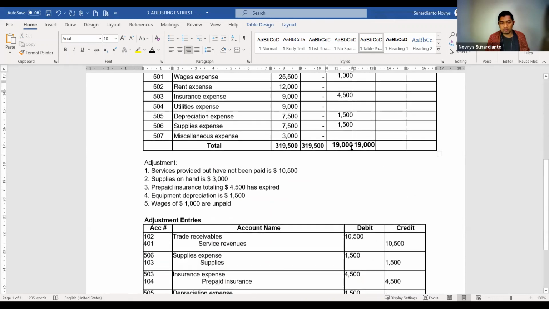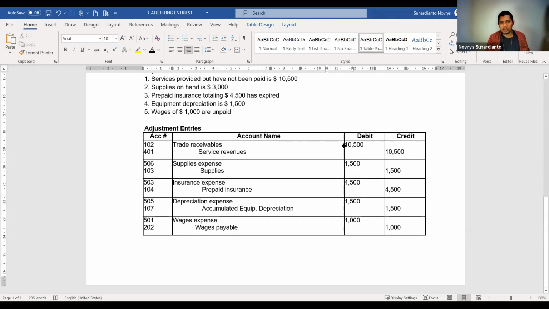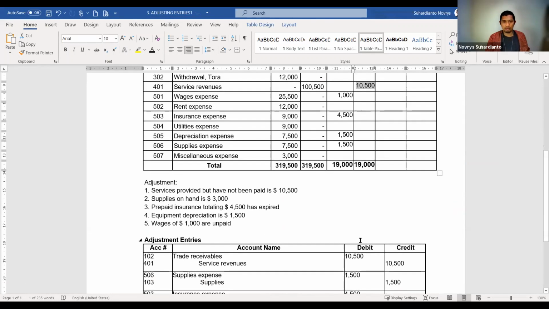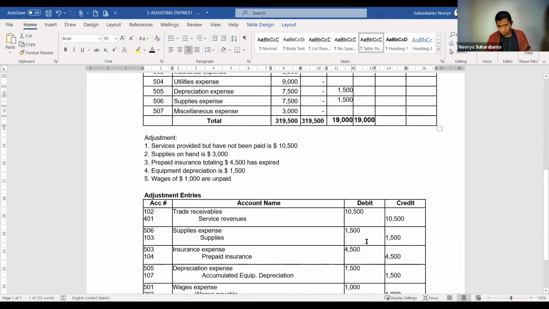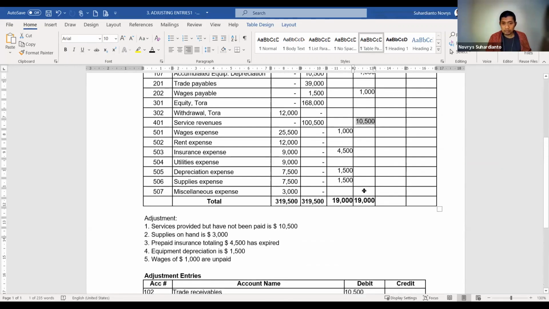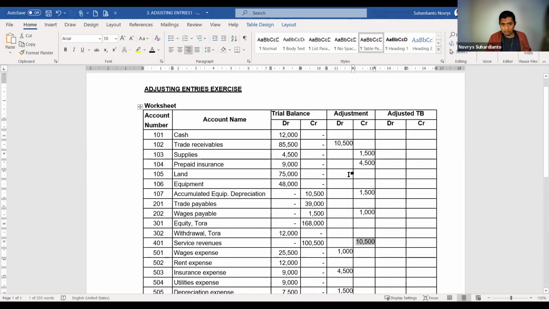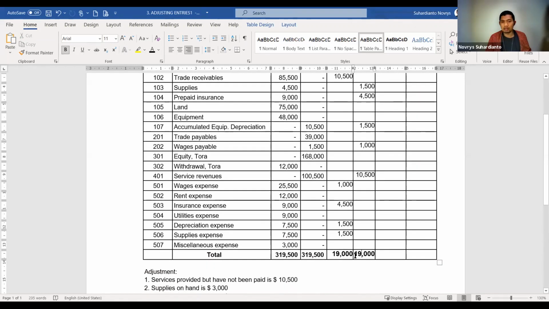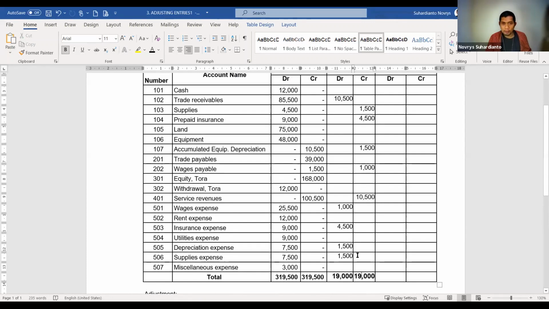For example, trade receivables, the first entry: you debit trade receivables and credit service revenue. So in the adjustment column, I debit trade receivable and credit service revenue. I do the same for the rest of the journal entries. Then I fill the adjustment column like this. And again, the debit and credit column totals must be equal.